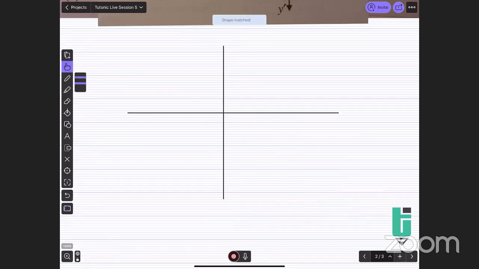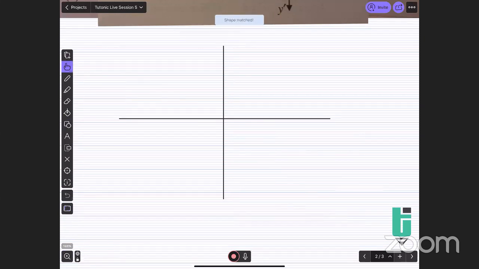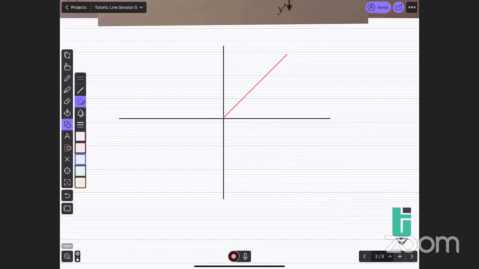When I draw a Cartesian plane, right, I can make an angle, right? I can draw a side, right? This would be what type of angle? Acute angle, right? Yes. If I draw a line over here, what type of angle is that?